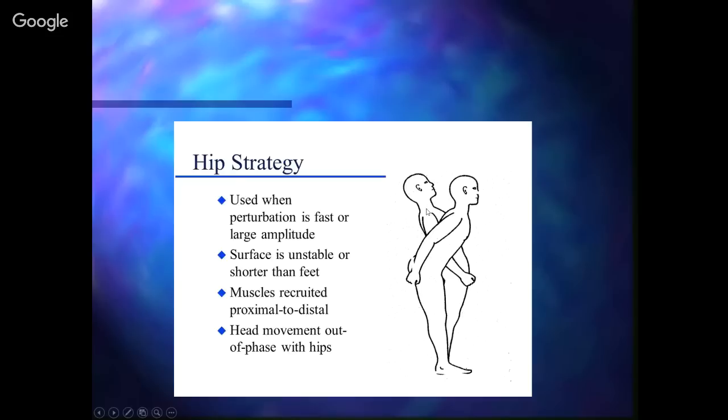Just the opposite, the figure in the background here would be a P to A force. So somebody's pushing posterior to anterior, that would try to create dorsiflexion of the ankle. This person here would kick in their plantar flexors to stop it, but if it's not enough, they may extend the hips and extend the trunk to, again, keep center of mass over base of support.